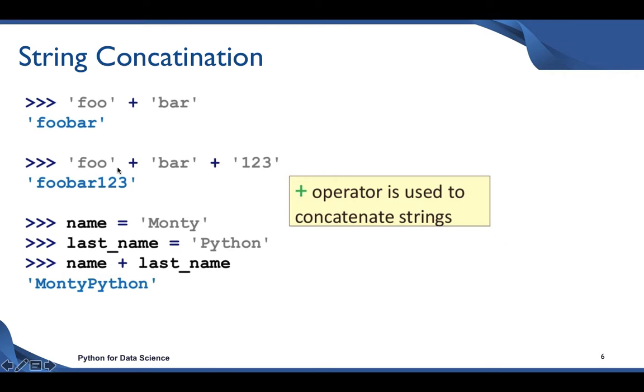And then we can concatenate it, and add the integer value to our string. Or we could also do the operation like this: we have a name equal to Monty, last name equal to Python, and we could concatenate the two variables and get Monty Python.